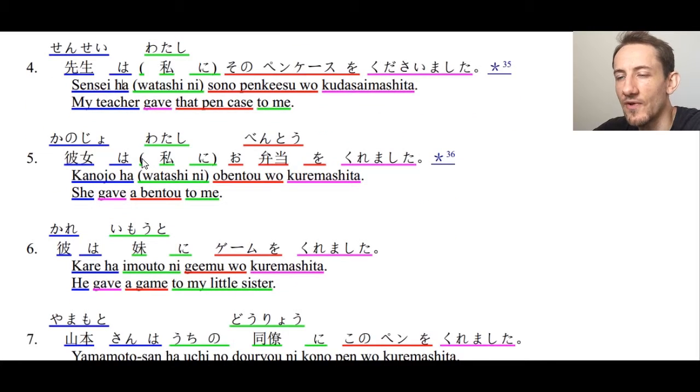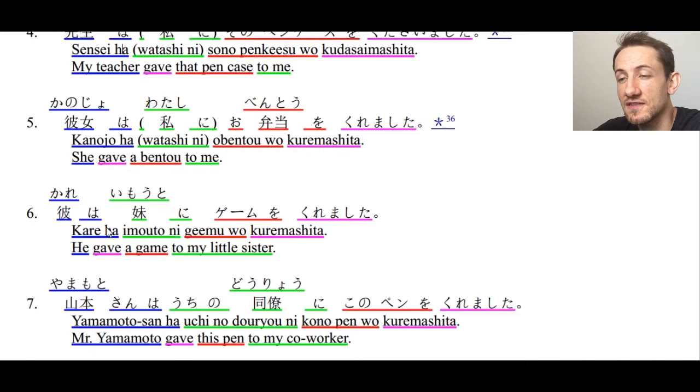Number 5, 彼女はお弁当をくれました。She gave a bento to me. Number 6, 彼は妹にゲームをくれました。He gave a game to my little sister.